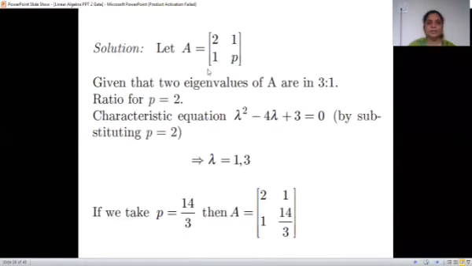We can use that, or simply write mod of A minus lambda I is 0 and solve it. We'll get the characteristic equation for p is 2. Then lambda is 1 and 3. Eigenvalues are 1 and 3.